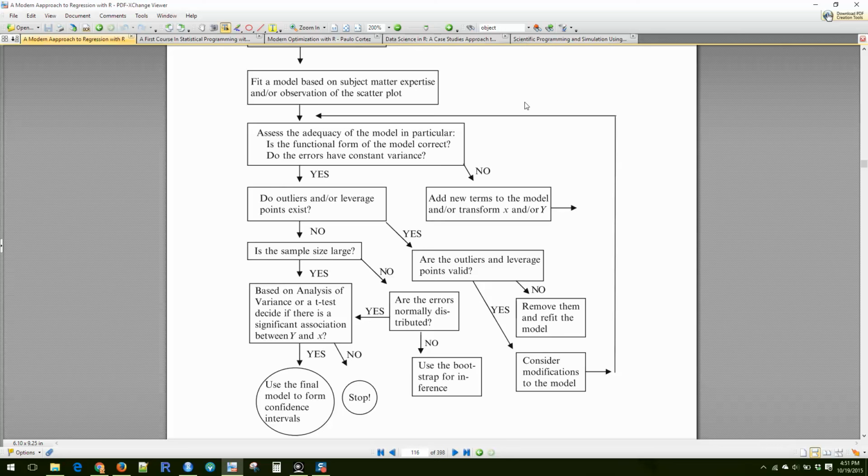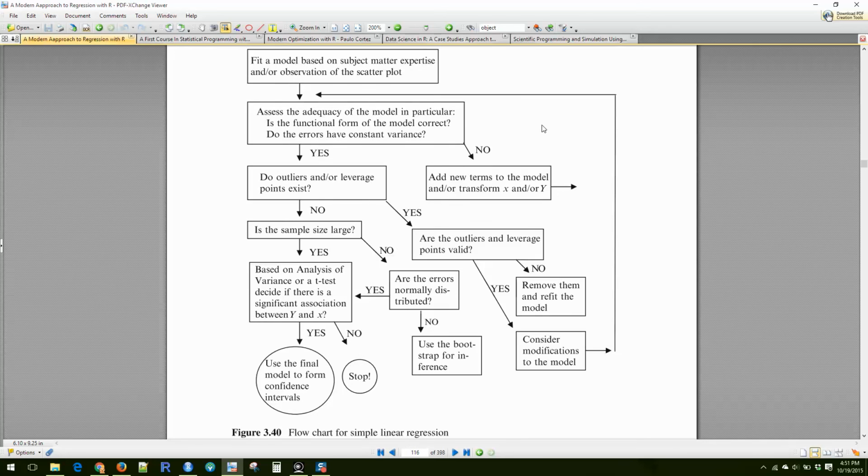All of this transformation stuff is with the perspective of I'm trying to fix some problems in my data, not trying to prove a point here. Okay, so these are just tools that you can use to try to fix the problem. Sometimes they succeed, sometimes they don't, and be ready for that.